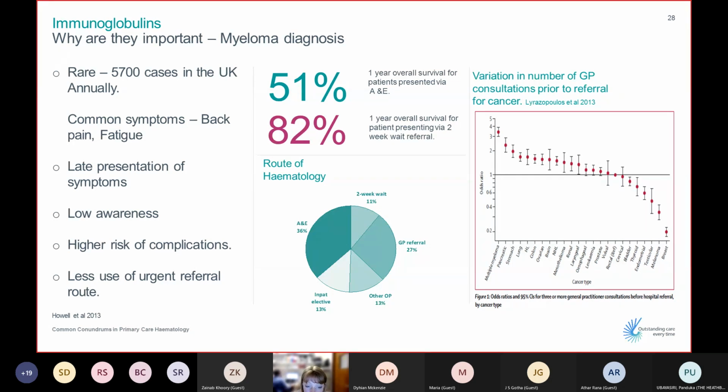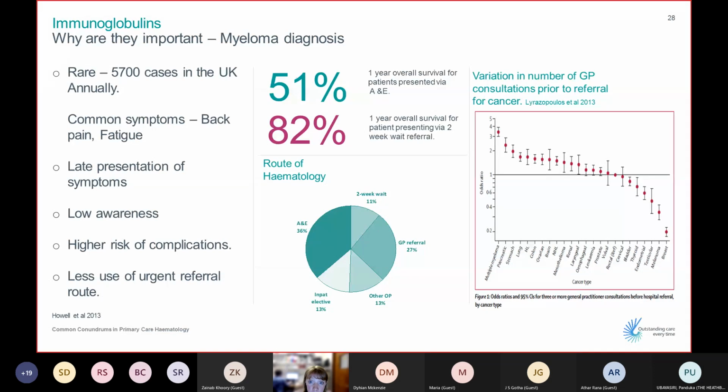So we can see that a third of patients presented acutely or critically unwell to A&E. Only 11% of patients were referred via a 2-week wait pathway, and 27% of patients came through another GP referral pathway.